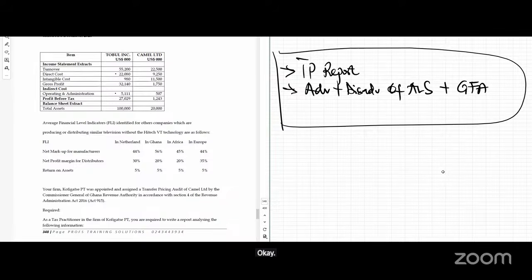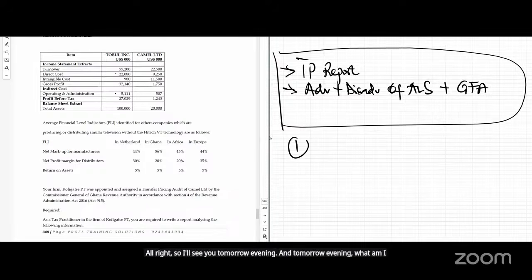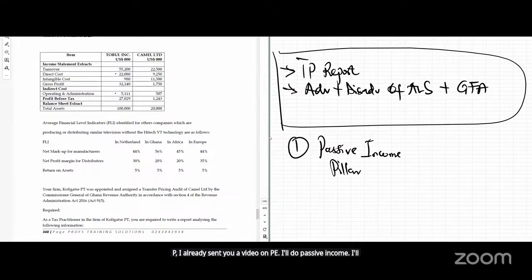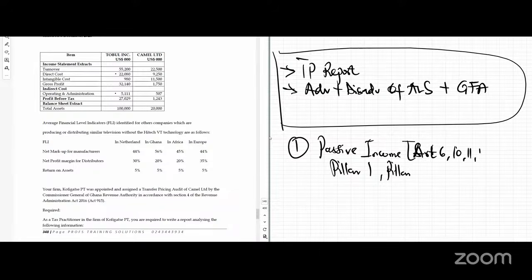All right, so I'll see you tomorrow evening. And tomorrow evening, what am I doing? I'm doing passive income. PE, I already sent you a video on PE. I'll do passive income. I'll do pillar 1, pillar 2. So passive income, I mean article 6, 10, 11, 12, 12A.